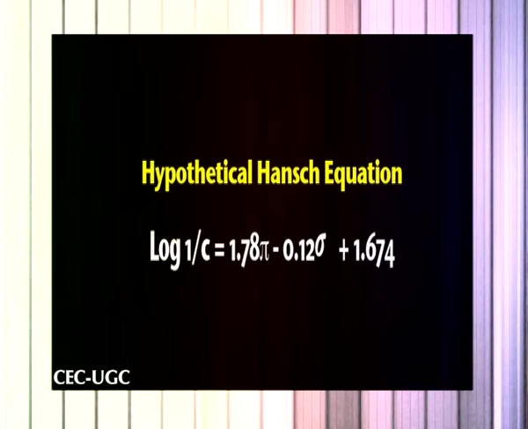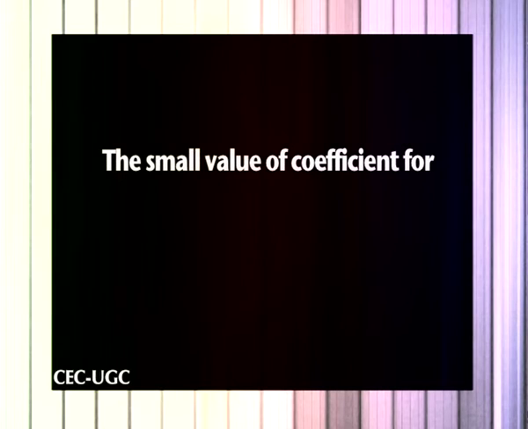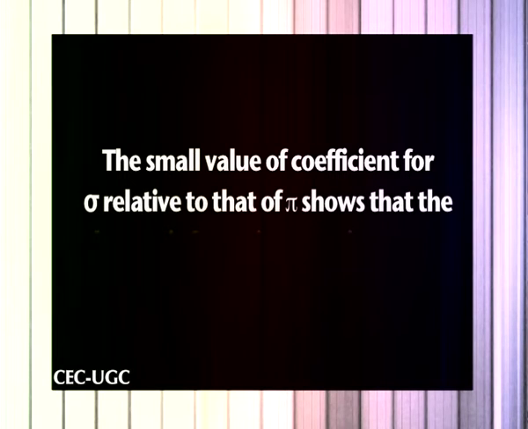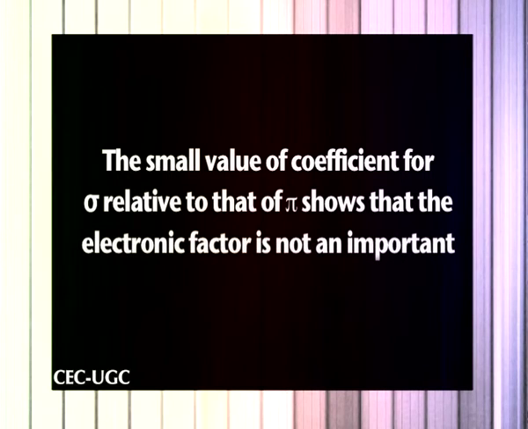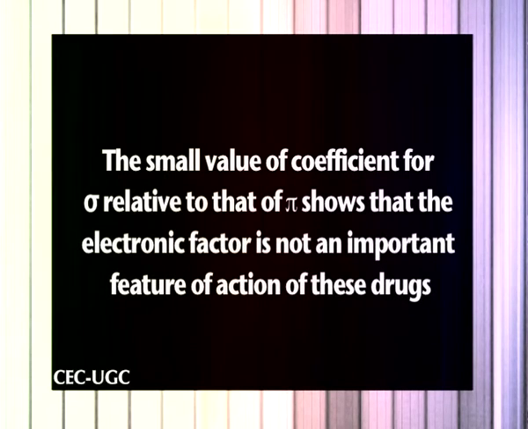Log 1 upon C is equal to 1.78 pi minus 0.12 sigma plus 1.674. In this equation, the small value of the coefficient for the sigma relative to that of pi shows that electronic factor is not an important feature of the action of these drugs.